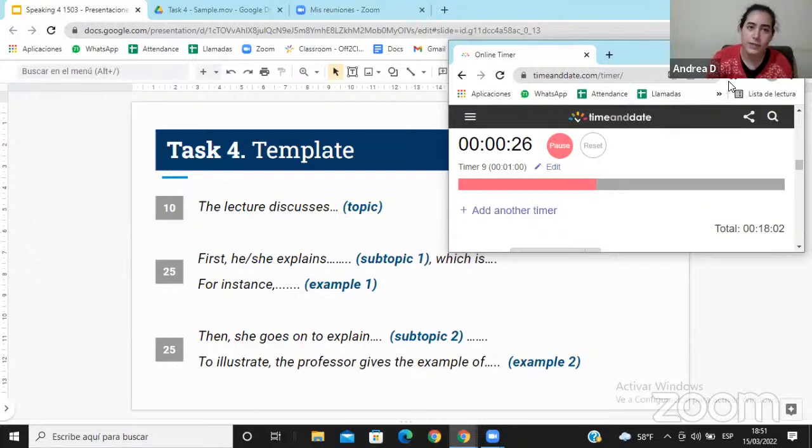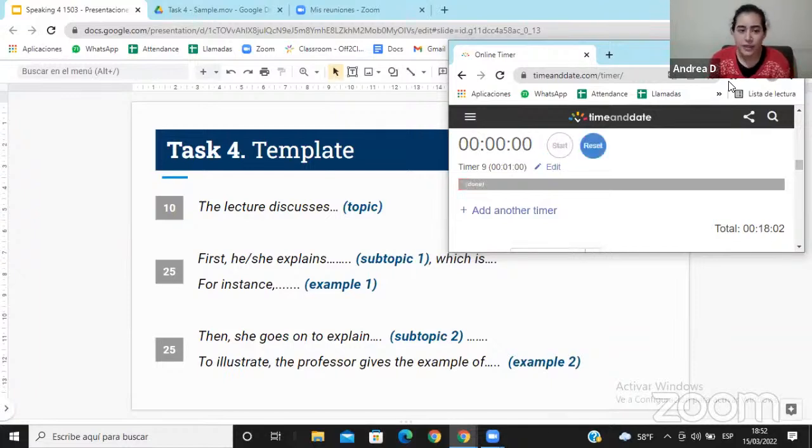Then she goes on to explain features, which are defined as those extra characteristics that a product has that, even though not necessary, may make the product easier to use or more comfortable for the consumer. To illustrate, the professor gives the examples of air conditioning, windows, stereos, and so forth when manufacturing cars.